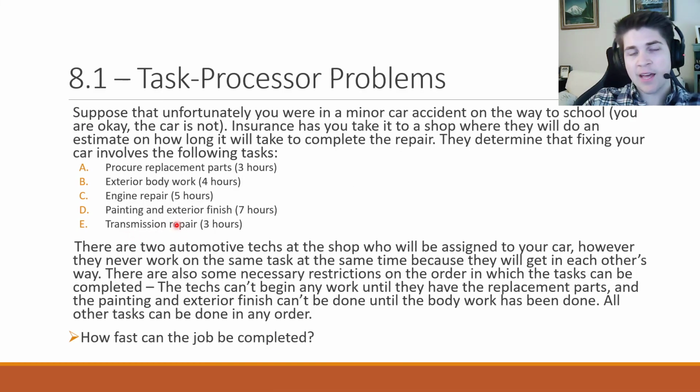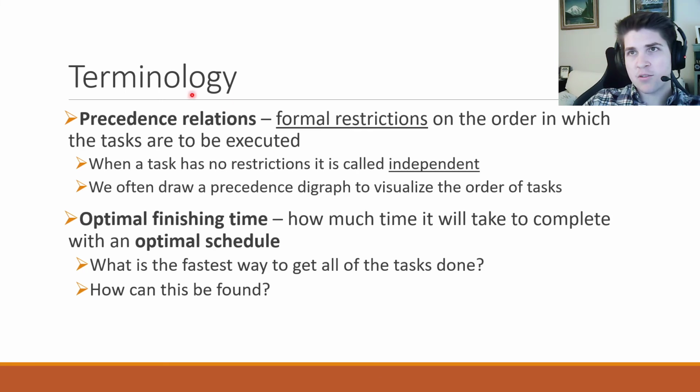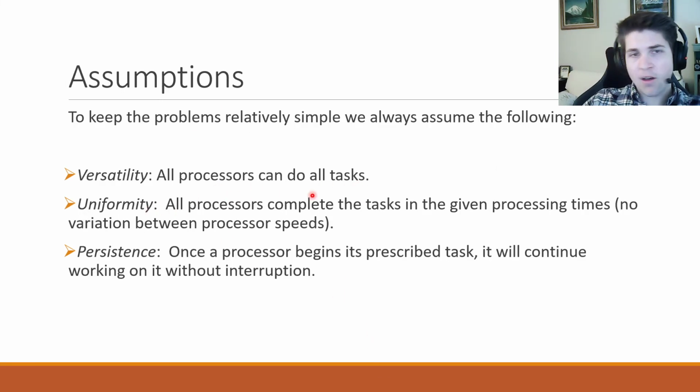I'm not an expert on car repair, but I can imagine some employees are more skilled than others, and not all of them have the same level of competency. So it might make more sense to have employee 1 fix the transmission while employee 2 does the painting. But in this case, we're going to assume that all of them can do it.